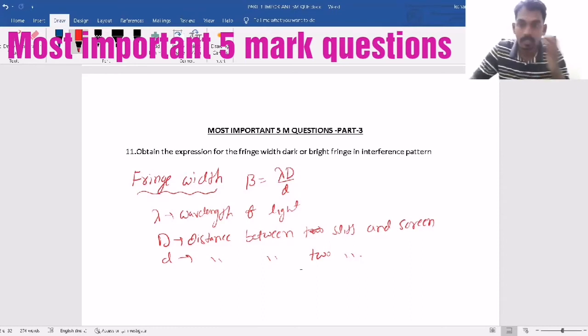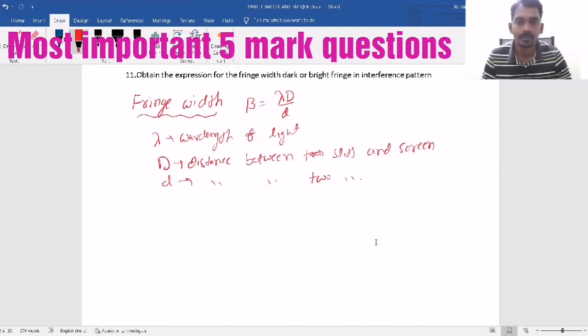So this is the equation of fringe width in interference pattern.